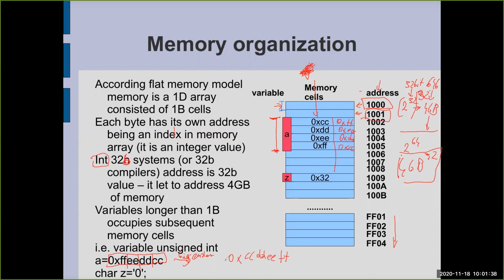So this value is totally different than the value of a. So whenever we move data between two different systems, we have to ensure that endianness doesn't influence the value.